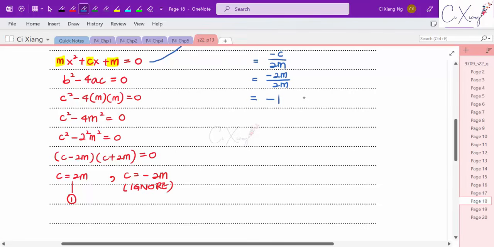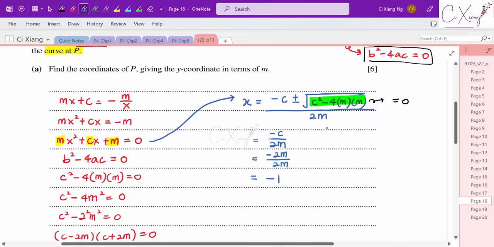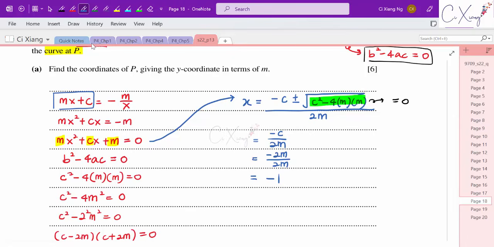Okay, after I get x equals negative 1, then I can substitute it into the line equation. So where's the line equation? This. Okay, to get the y coordinate. So I'm having y equals mx plus c. m is m, x is negative 1, and again, what is the value for c here?